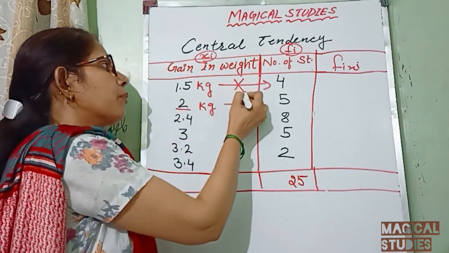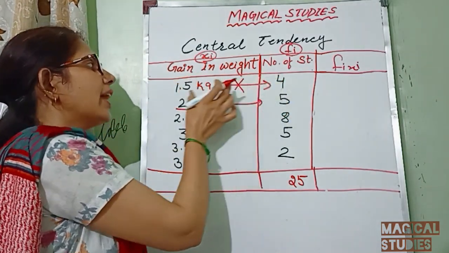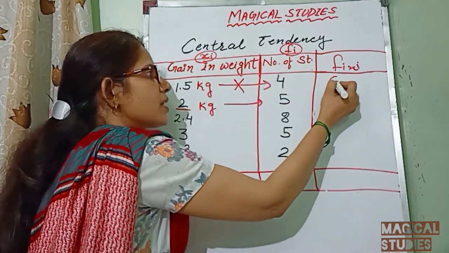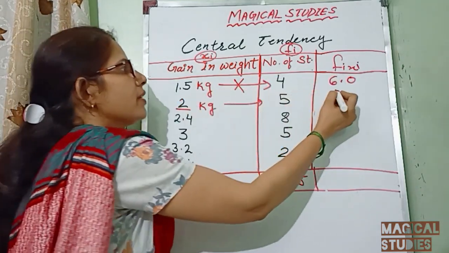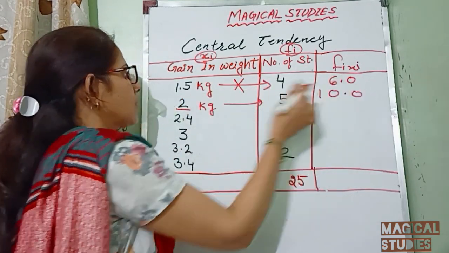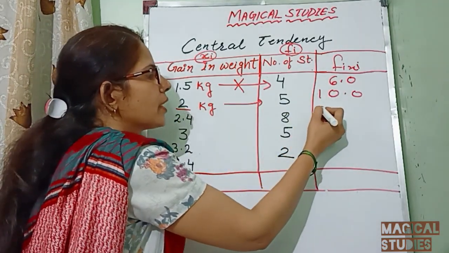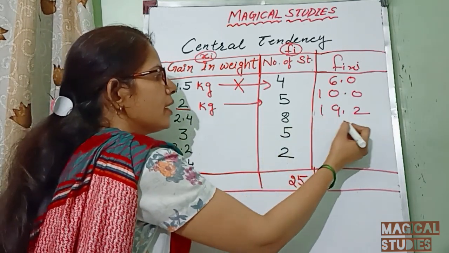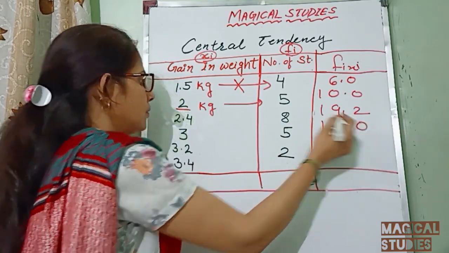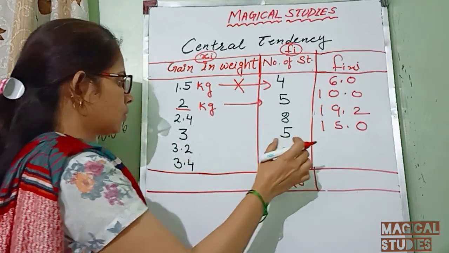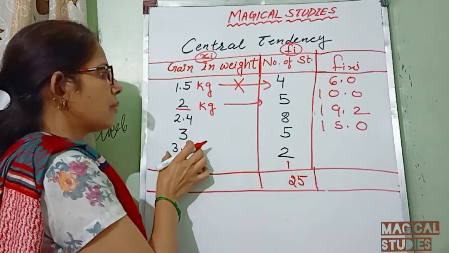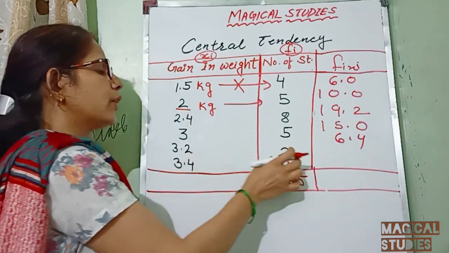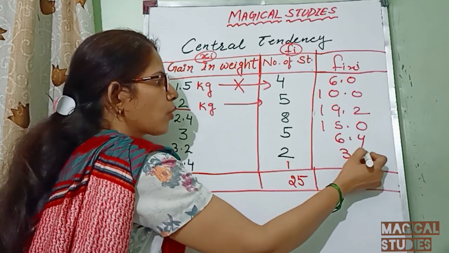Just multiply both values, xi and fi. Then we get 1.5 into 4 is 6.0. 2 into 5 is 10. 2.4 into 8 is 19.2. 3 into 5 is 15. 3.2 into 2 is 6.4 and 3.4 into 1 is just 3.4.